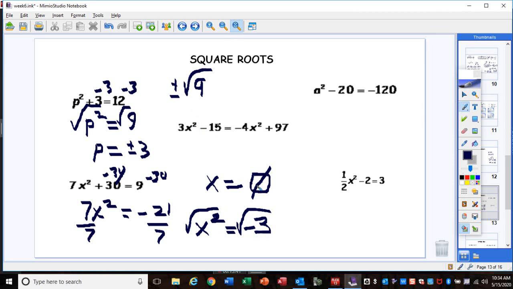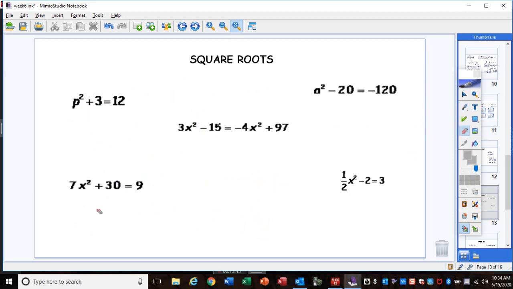Okay, no solution. Let me do a little bit of erasing here because this is going to get kind of crowded. You'll find this in the notes. I'm just going to move this over. Let's just save a little time. I'm going to add the 4x squared to both sides. You move that over just like you move a number over. So 7x squared is equal to 112.